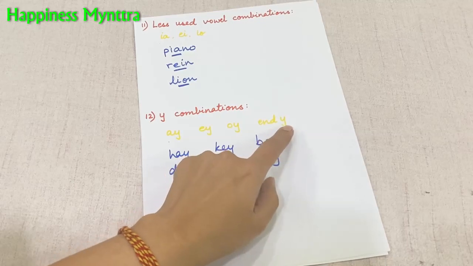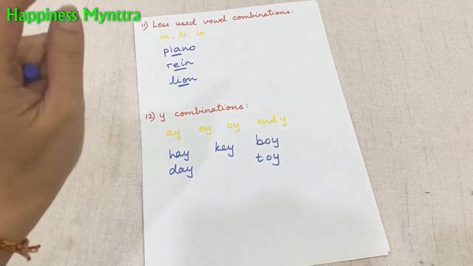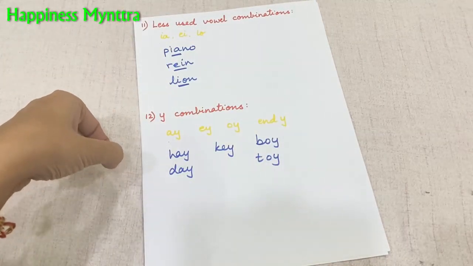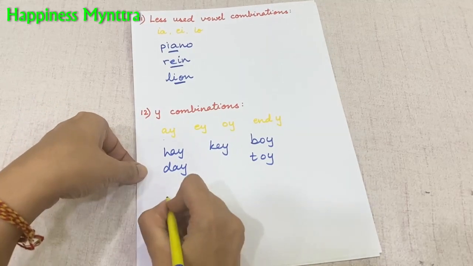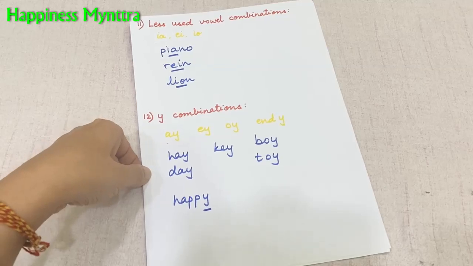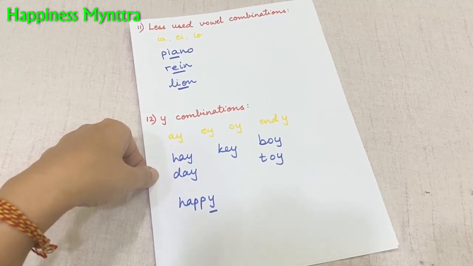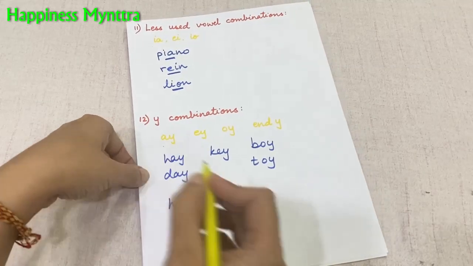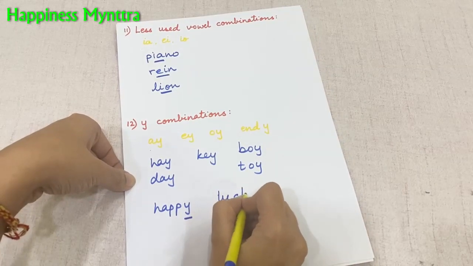Now there are many words which end with a Y, and in those cases we pronounce it with the E ending. For example, a word like happy. So there's an end Y and we call it an E, which makes it happy. Then we have a word like lucky.